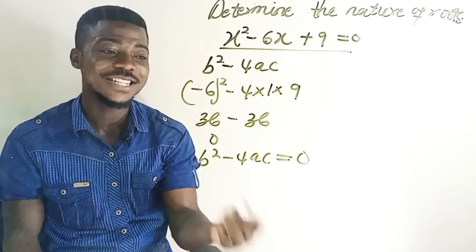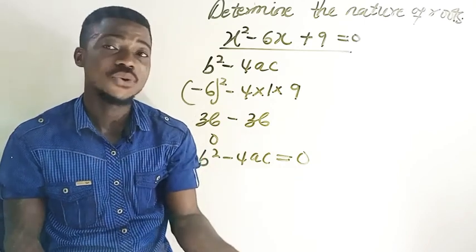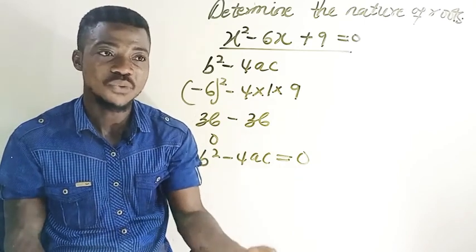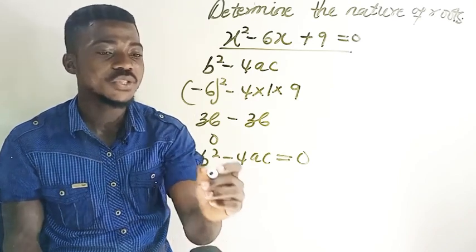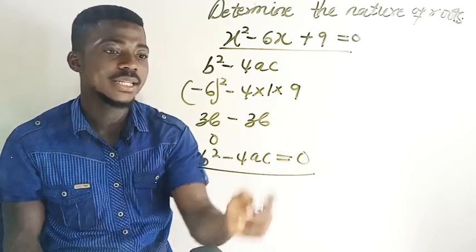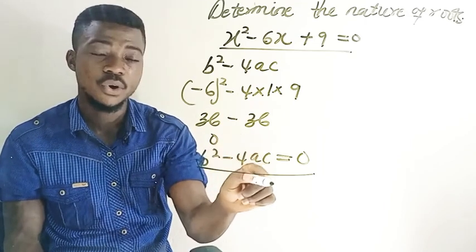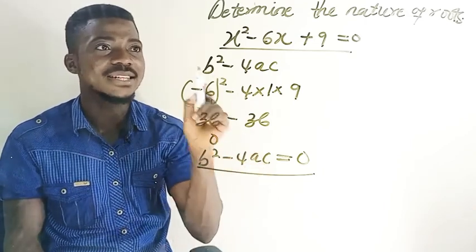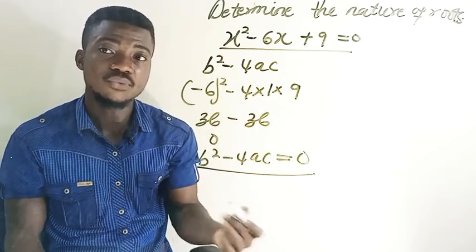If your discriminant is equal to 0, it means you have repeated roots. So whenever you find the discriminant of the equation and you get 0, it means that the equation has repeated roots.